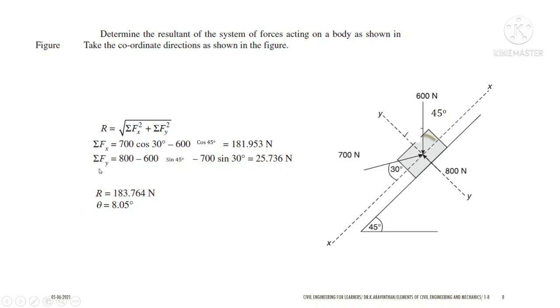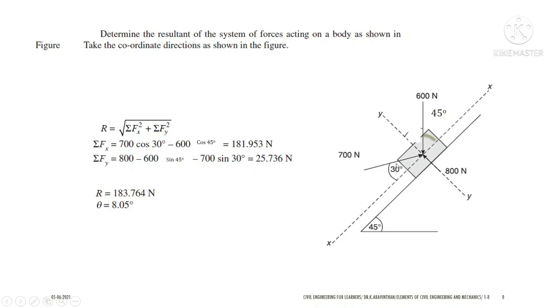Next let us get the summation of Fy here. What are the forces acting upward? You have three forces, that is 800 Newton, which is purely acting along the y axis, so you take plus 800 Newton.